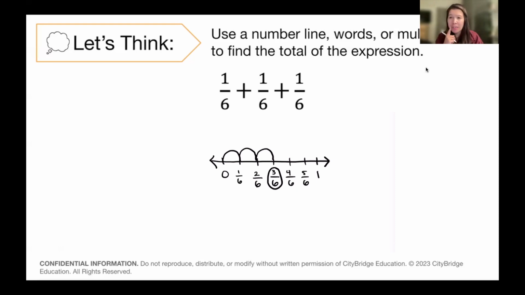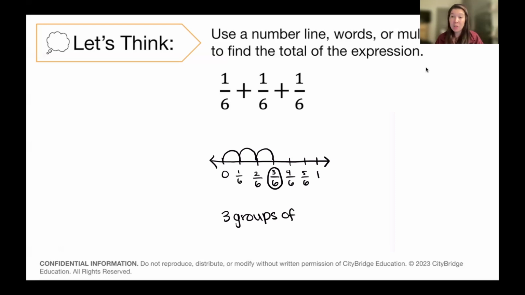This is kind of reminding me of repeated addition. Remember, just like when we do repeated addition with 2 plus 2 plus 2, we can talk about equal groups there. Well, with 1/6 plus 1/6 plus 1/6, we have 3 groups.